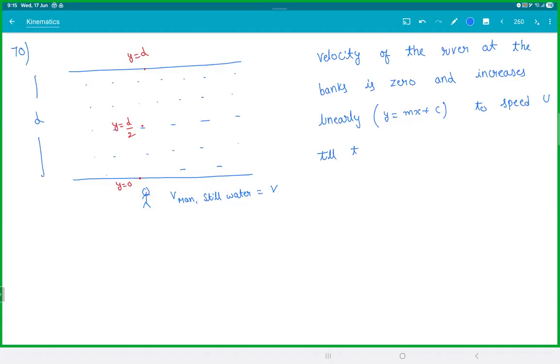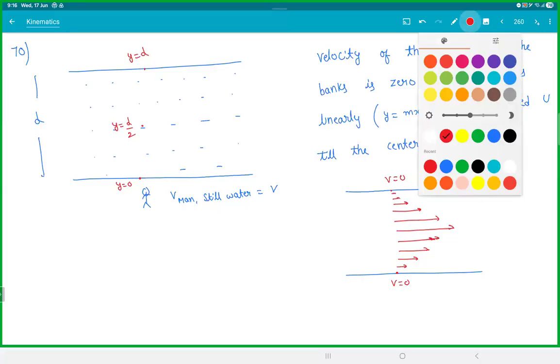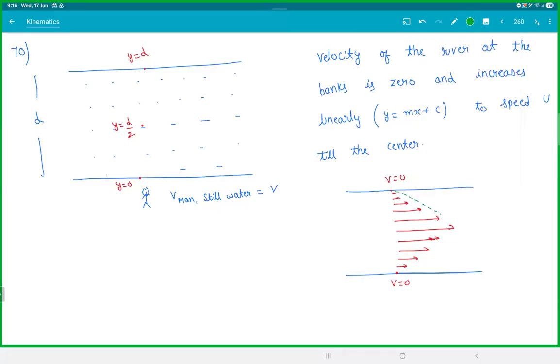Let me show you how that looks. So the river velocity V is 0. As you're going toward the center, you're going faster, faster, faster. Then again, you're decreasing, decreasing, decreasing. So this is how the river is flowing.